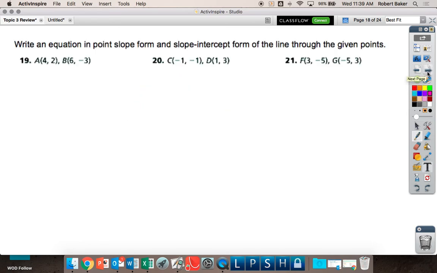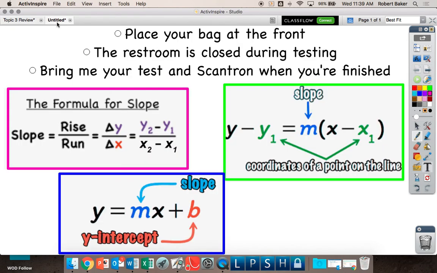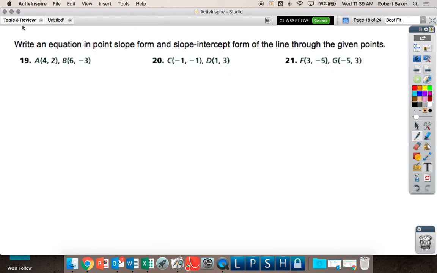Slope. Are we having any issues with slope? Wait, okay, so point, slope, point. What is that again? The y minus. Alright, cool. I like point slope form for some things, but not all things. You do have to calculate slope: y2 minus y1 over x2 minus x1.